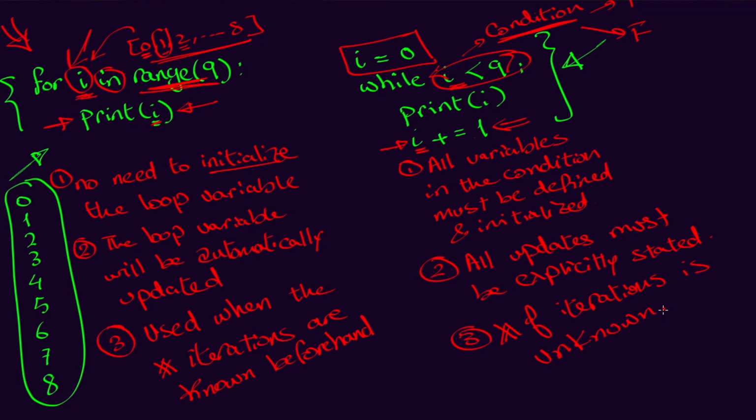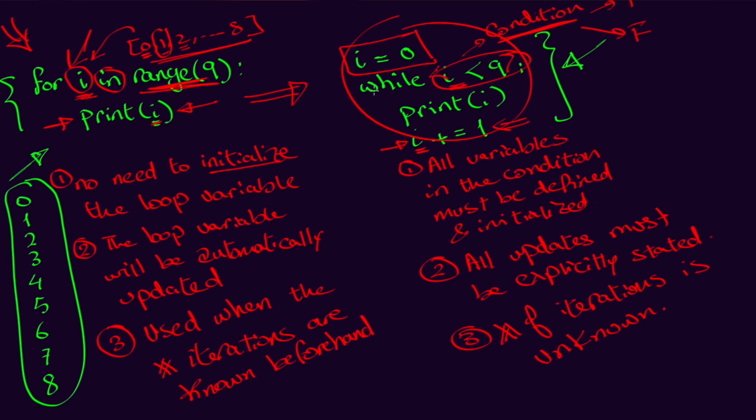Again, that doesn't mean that you can't use a while loop when you know the number of iterations, because like I said, a while loop is very flexible and you can do anything with it. Actually, in this specific example, we were able to write a while loop that is doing exactly the same thing as a for loop.